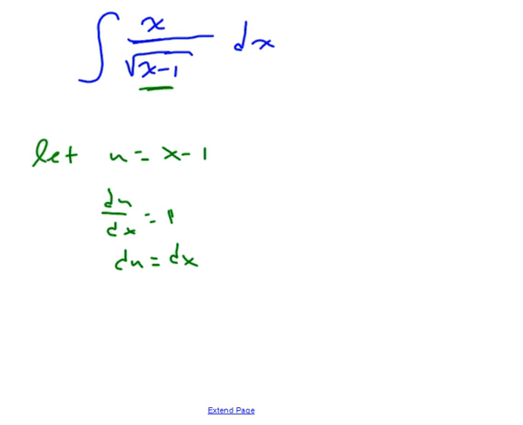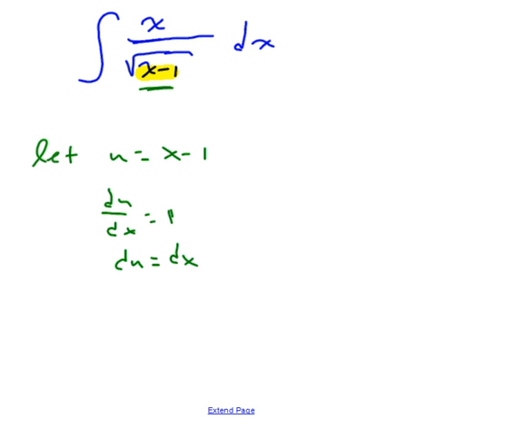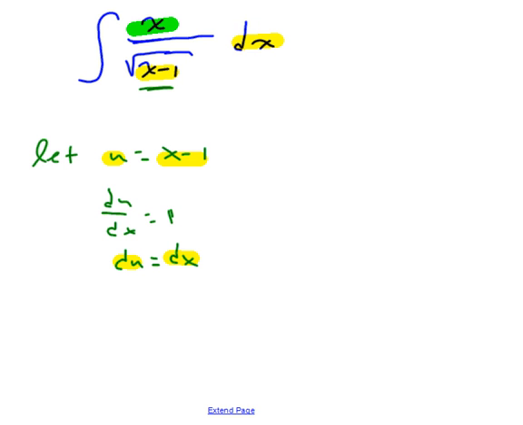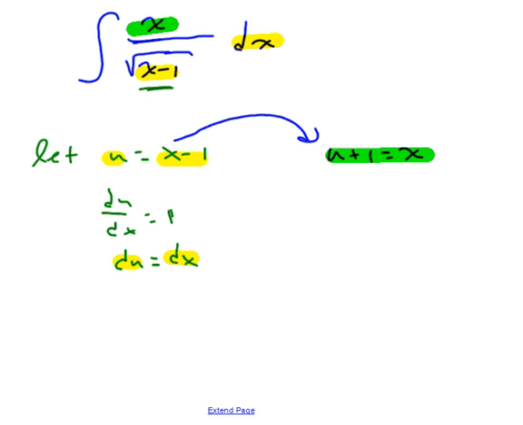So now I can get mostly substituted. That is u, dx is du. I just need to figure out what to do with my x, but it's going to be the same type of problem as the last one. We can write that u plus 1 equals x. Now we have it.